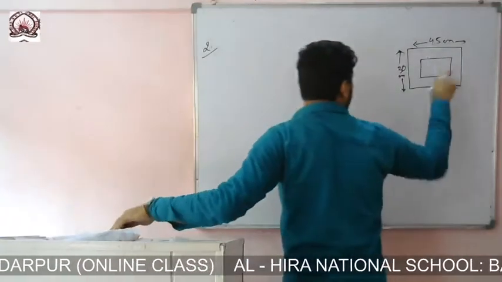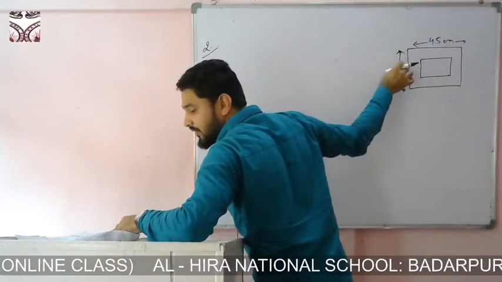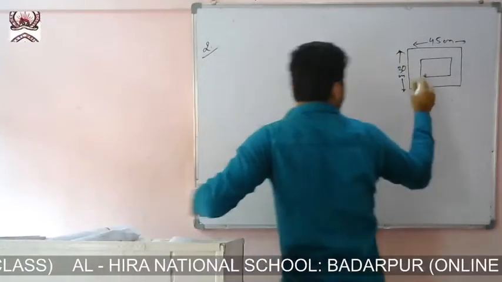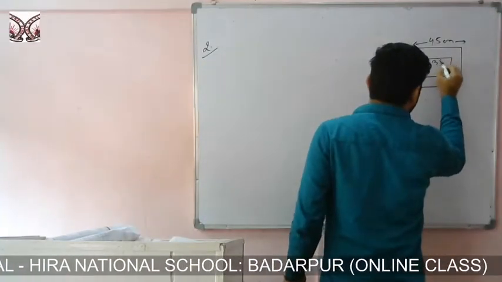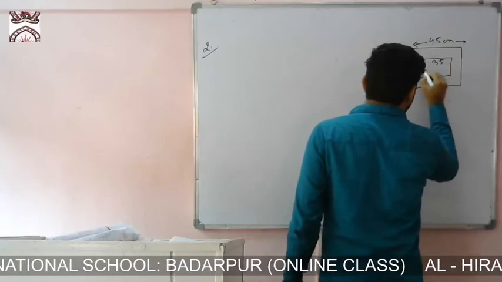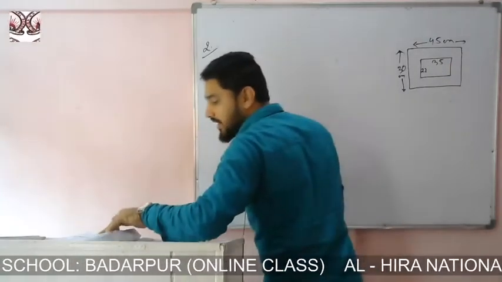These are the external frame. Now the photograph of side 35, 22. That means this one 35. This is 22. And they are in centimeter.